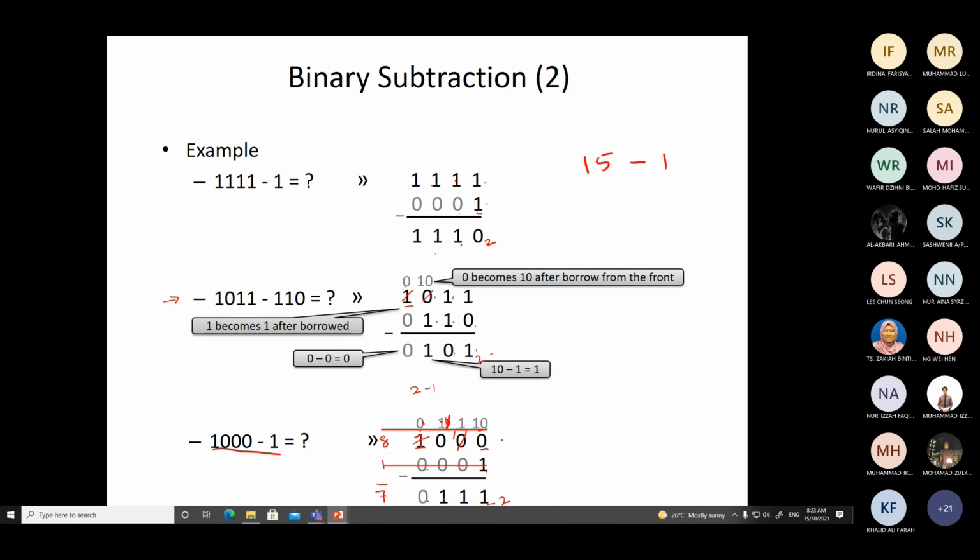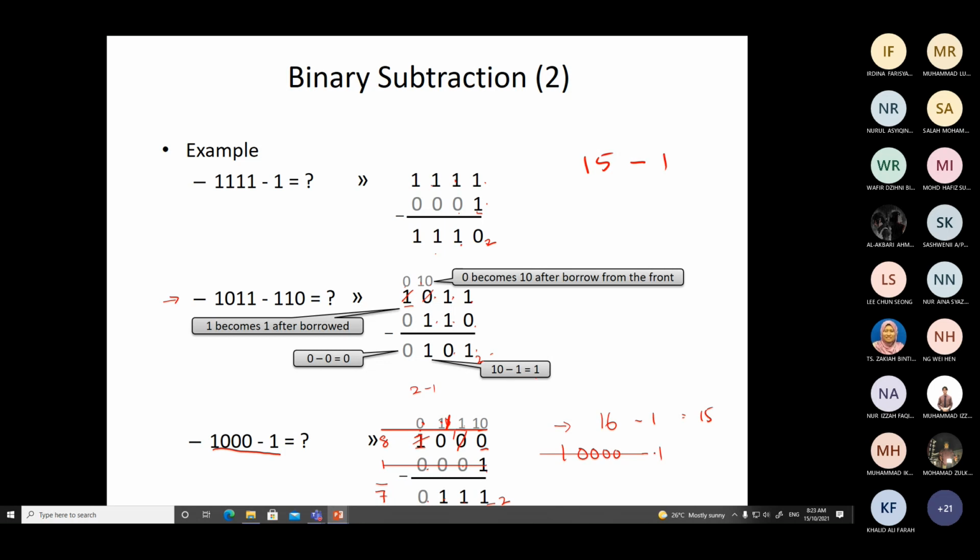Okay, so that's how you borrow the bit. This is also another question asked in IP addressing when you are doing a subtraction. If the bits start at 16, 16 minus 1 is basically 15. What is the binary number for 16? 10000.